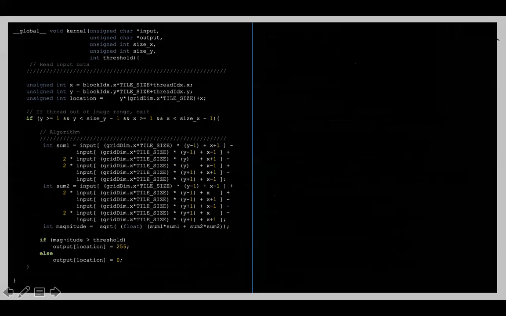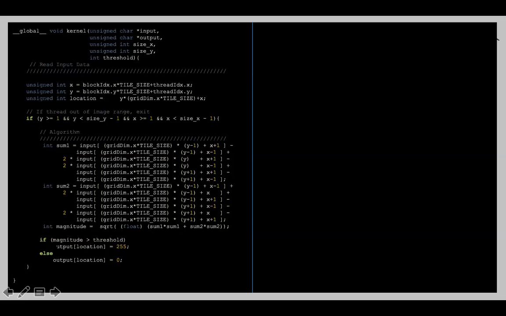Then it checks if the magnitude is greater than the threshold, which is specified in this particular call to the kernel. If the magnitude is greater than the threshold, the value of the output matrix is set to 255, otherwise it's set to 0.